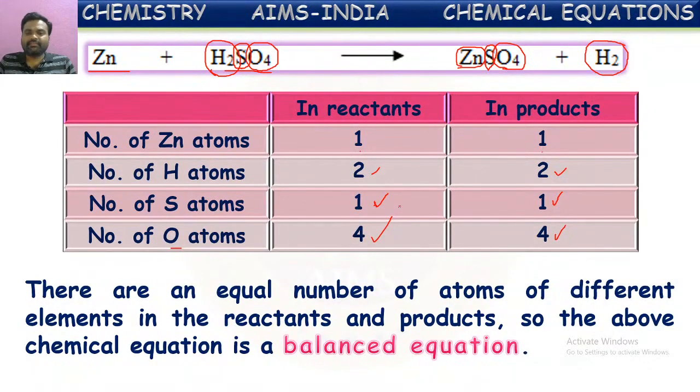So there are an equal number of atoms of different elements in the reactants and products, and the above chemical equation is said to be a balanced chemical equation. The chemical equation in which the number of atoms of all the elements is the same on both sides is a balanced chemical equation. So this zinc plus sulfuric acid reaction is given in balanced chemical equation form.